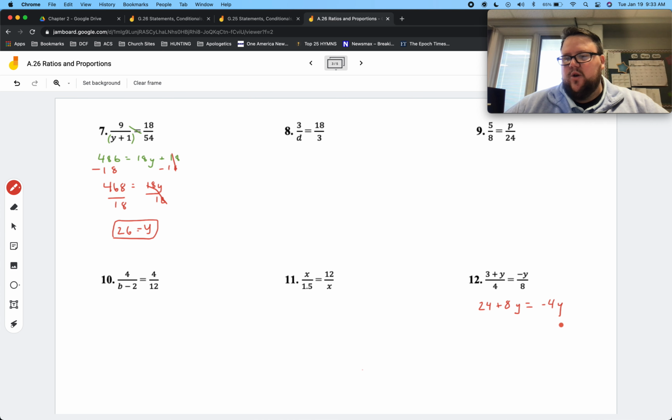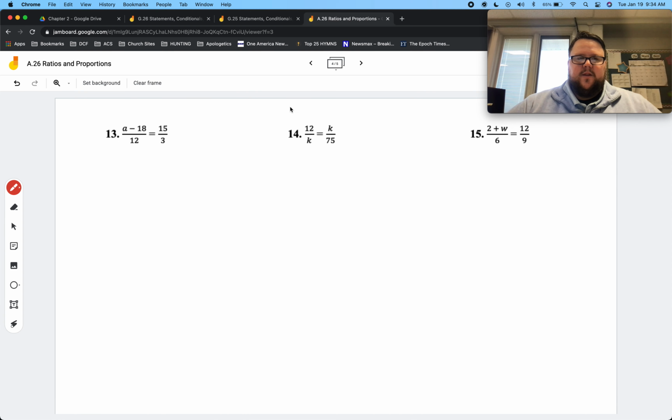In this case, you have y on both sides, so I would subtract the 8y over. So you get 24. I said I wasn't going to finish it, but I'll finish it. Equals negative 12y. Divide by negative 12. Y equals 24 divided by negative 12, which is negative 2.